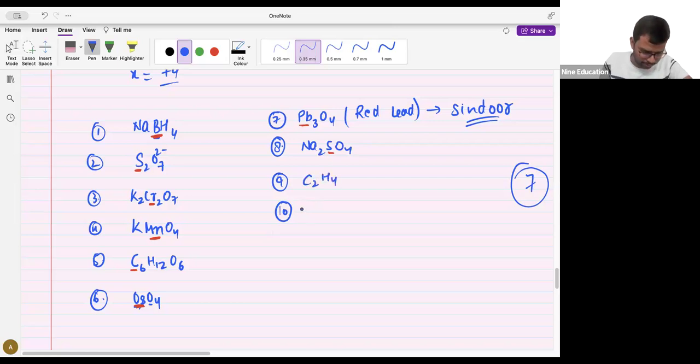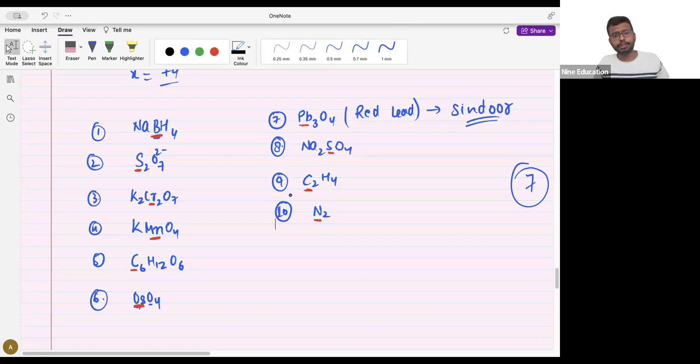C2H4. Last one, find for N2, nitrogen. Let's start solving. 10 questions are given to you. Find the oxidation state of the underlined compound.